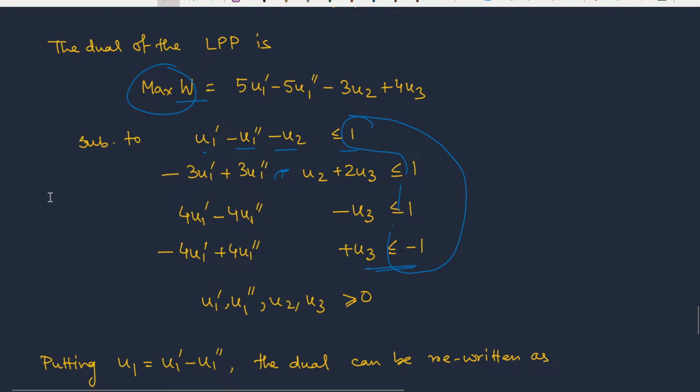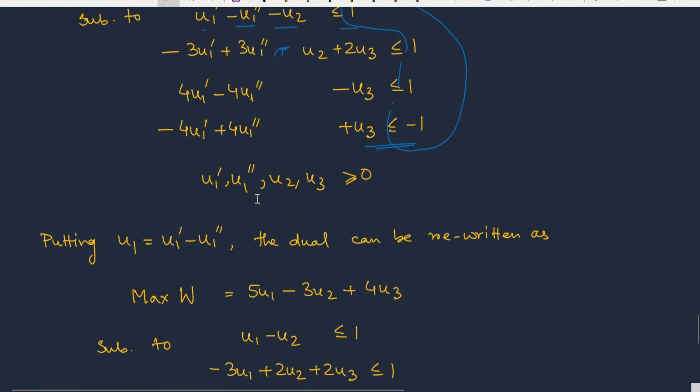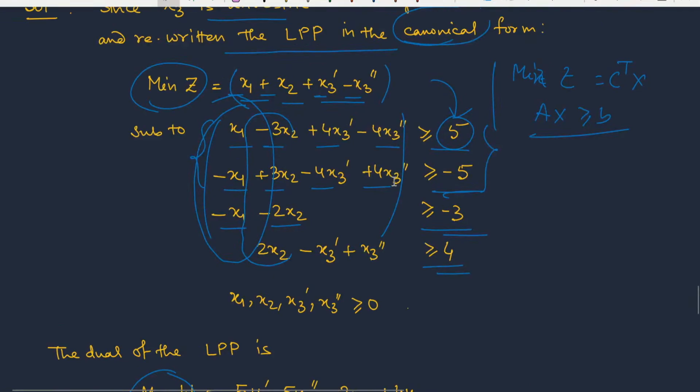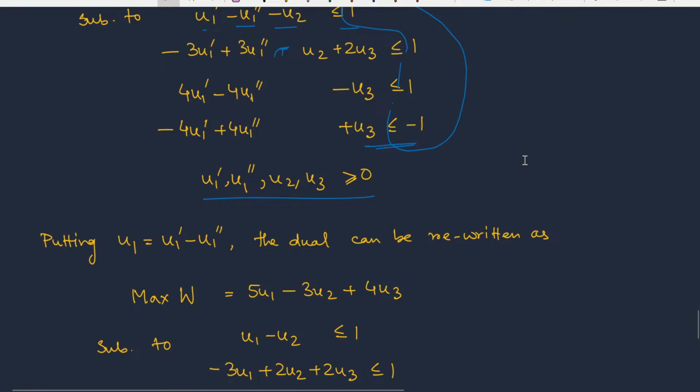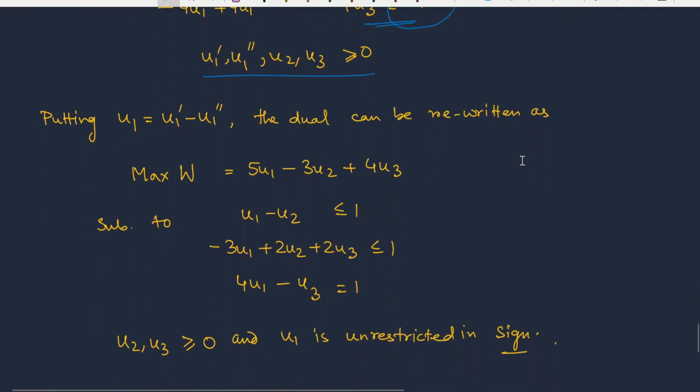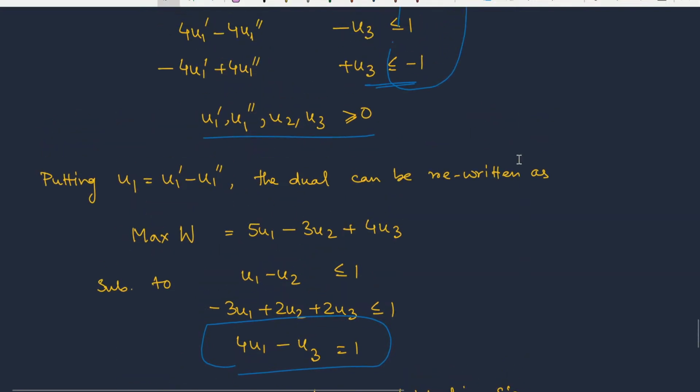All the variables u1 prime, u1 double prime, u2, u3 satisfy the non-negative condition. Now, x3 is unrestricted in sign, so the third constraint in the dual problem should be an equation. We write u1 equal to u1 prime minus u1 double prime and rewrite the dual.